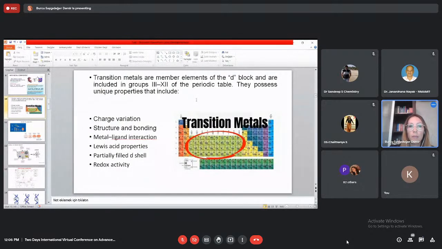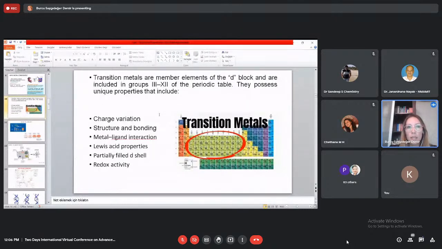Transition metals are member elements of the d block, as we know, and are included in group 3 to 12 of the periodic table. They possess unique properties, for example, charge variation. In aqueous solution, metal ions exist as positively charged species.